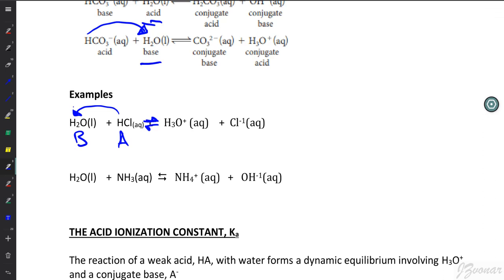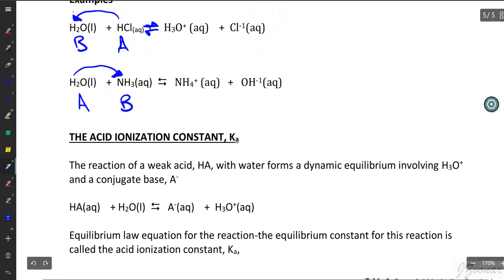Okay, now if you look at this second example, what's going on here? One of the hydrogens is donated to the ammonia. Hence, water this time is acting as the acid and ammonia is acting as the base. All right, so very important concept to remember.